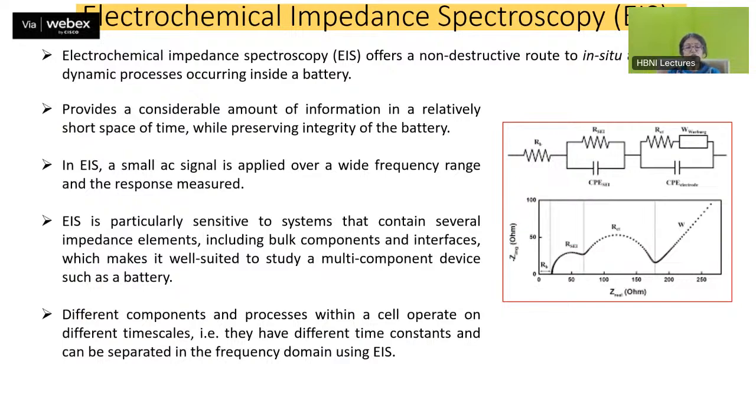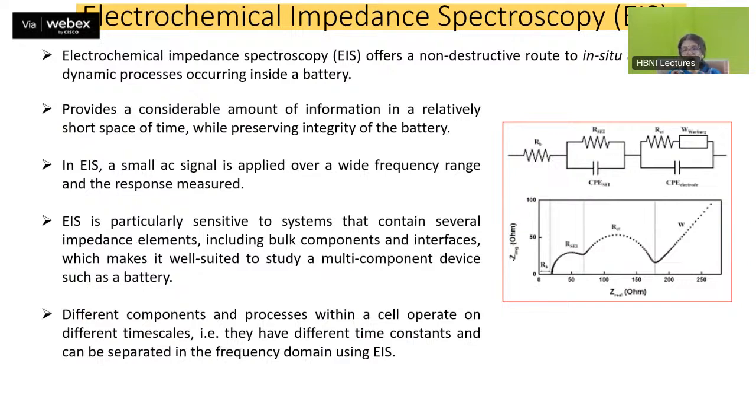In EIS, a small alternating current signal is applied over a very wide frequency range, and the response of your voltage to that is measured. EIS is particularly sensitive to systems that contain several impedance elements, which includes bulk components and interfaces. That is why it is very well suited to study a multi-component device such as a battery.